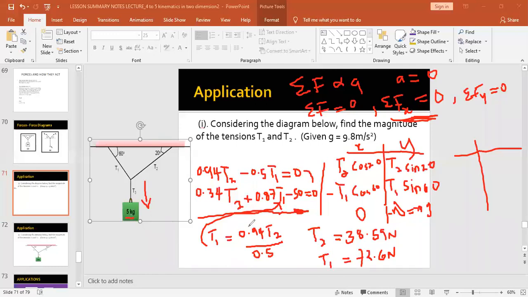Okay, so that is it for this application here. Next week we'll be diving deeper into kinematics in 2 dimensions, especially on dynamics.